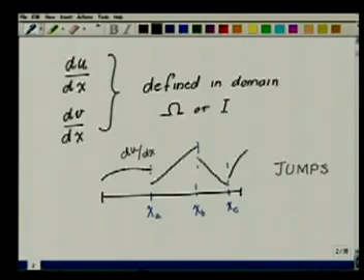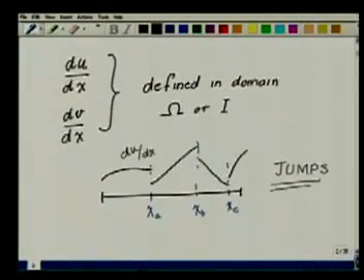In that case, this integral will be infinite. It will not be defined. So in order to have these integrals finite, we ask the question, what is the worst type of functions that will satisfy that requirement? And the answer is functions for which the derivatives have jumps at specific points.